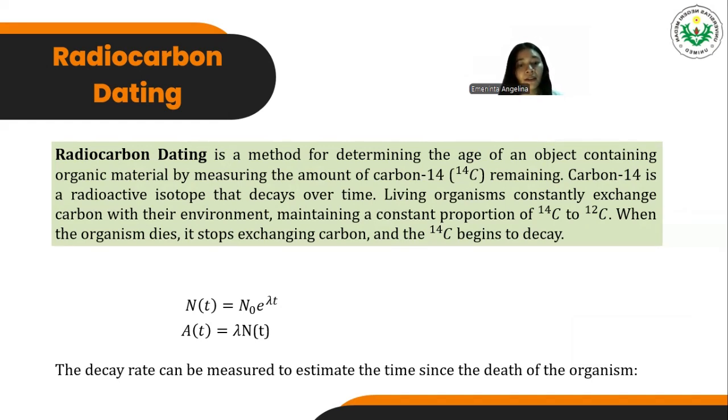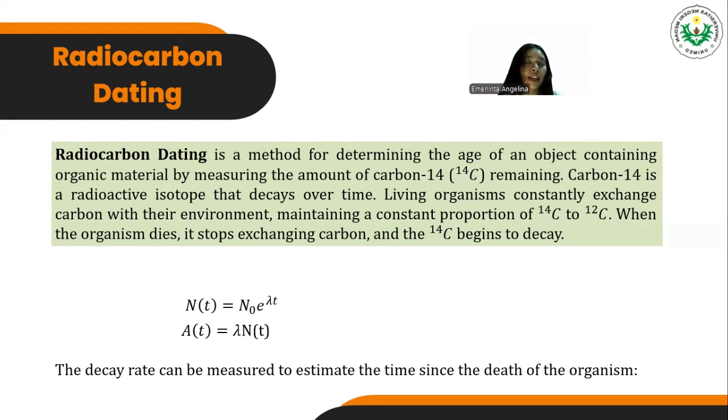Living organisms constantly exchange carbon with their environment, maintaining a constant proportion of C-14 to C-12. When the organism dies, it stops exchanging carbon and the C-14 begins to decay.